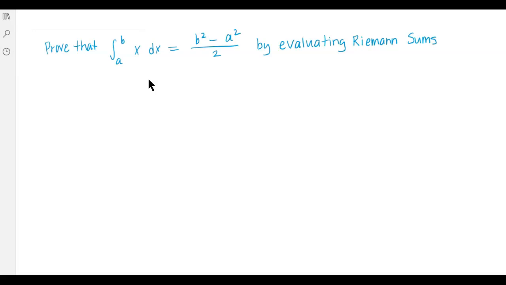So first, what we'll do is think about what delta x is equal to. That would be the width of each of our rectangles. That's going to be b minus a over n, using a and b as the lower and upper bounds.